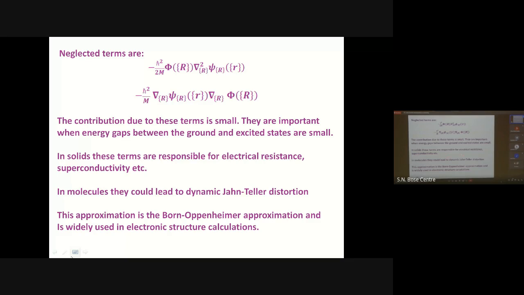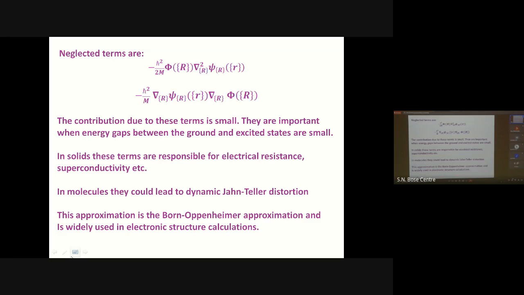And then you also have what are called dynamic Jahn-Teller distortions in molecular systems, inorganic complexes. There, if the molecule is vibrating, it keeps changing from one electronic surface to another, and that's called the dynamic Jahn-Teller effect. And of course, electrical resistance and superconductivity come from the electron-phonon interactions.